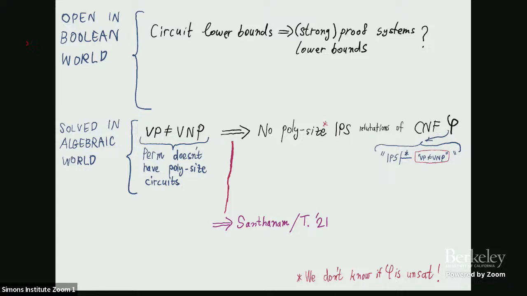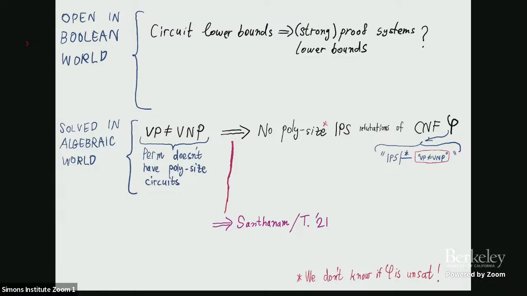If this is true, then we know that there are no polynomial size IPS refutations of a certain specific CNF. So we get the thing that we want in the Boolean case, that strong computational lower bounds or complexity class separation implies strong proof complexity lower bounds.